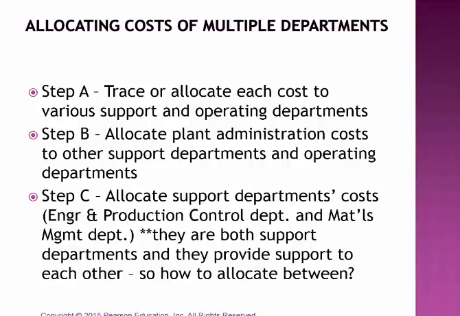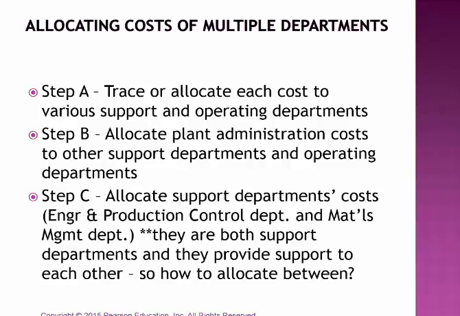We're also talking about the materials management department. They are also a support department. Again, what happens if engineering and production control department gives some support to the materials management department? And what happens if materials management department also gives some support to the engineering and production control department? This is what we have at issue here.